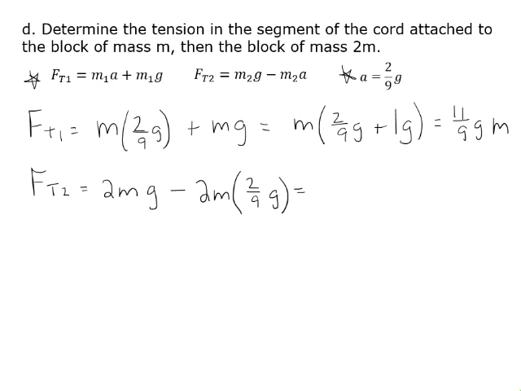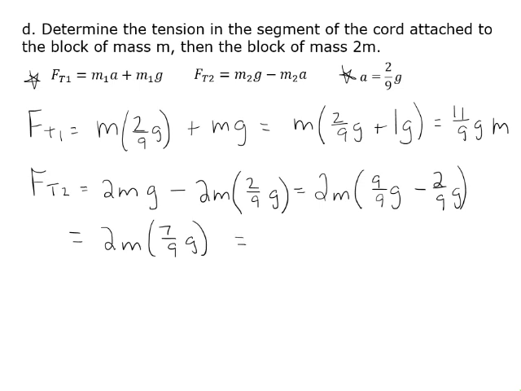And to simplify everything here, I'm going to pull the 2m out first, and that's going to give me gravity, which I'm going to call 9/9 g, minus 2/9 g, which is then going to give me 2 times the mass times 7/9 gravity, which is then going to give me 14/9 mass times gravity for force 2.